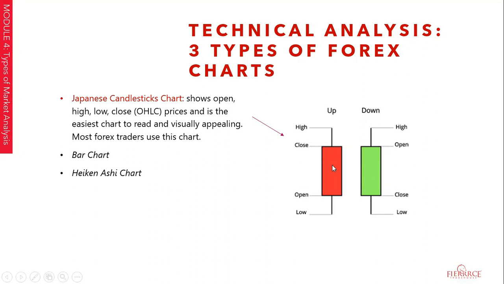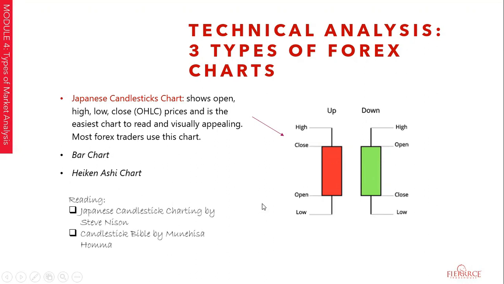Now, next we have the bar chart. And here are some reading resources for candlesticks if you want to study these charts a bit more, because I'm not really going to cover the nitty-gritties of the charts, as there are a lot of free resources online for that. We have Japanese Candlestick Charting, a book by Steve Nison, which you can find on Amazon.